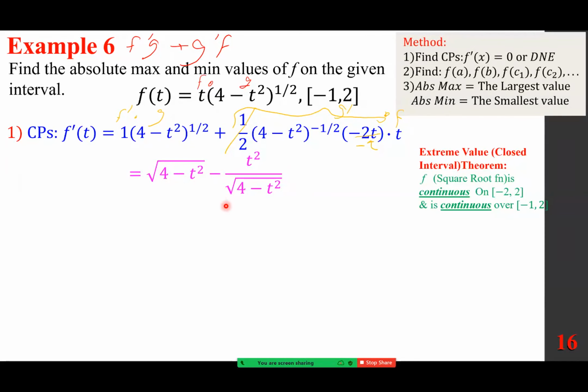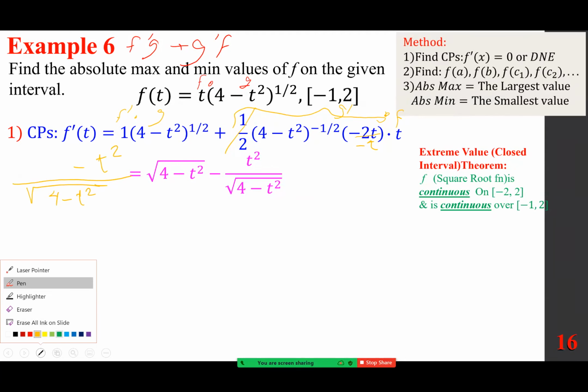How do we put this together? Let's take a common denominator of square root of 4 minus t squared. And I'm going to write this one minus t squared. In other words, the second one doesn't change.